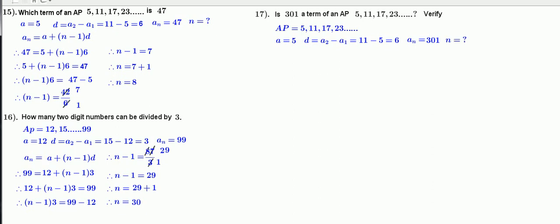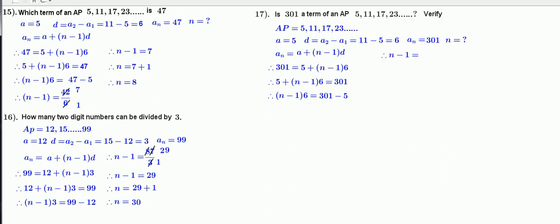Let us write the formula. An equal to A plus n minus 1 into D. Substitute the values, that is 301 equal to 5 plus n minus 1 into 6. 5 plus n minus 1 into 6 equal to 301. Therefore, n minus 1 into 6 equal to 301 minus 5.